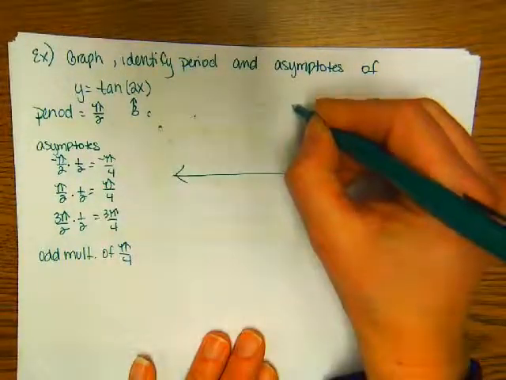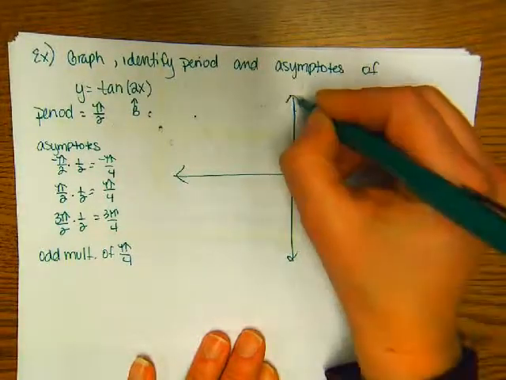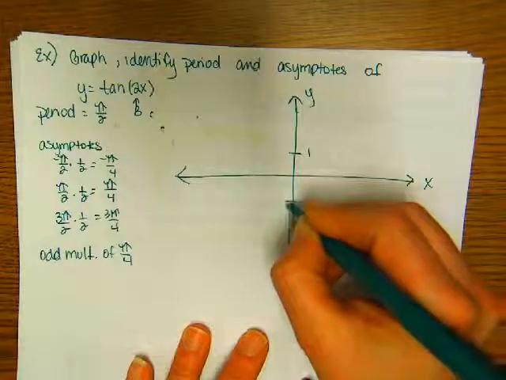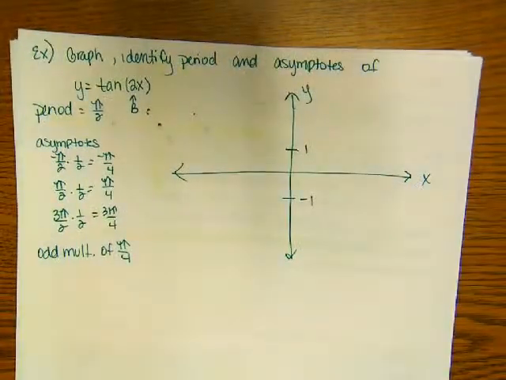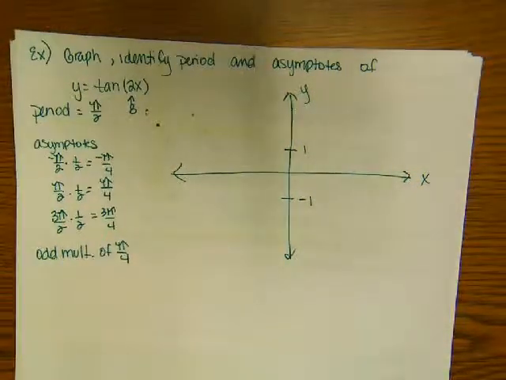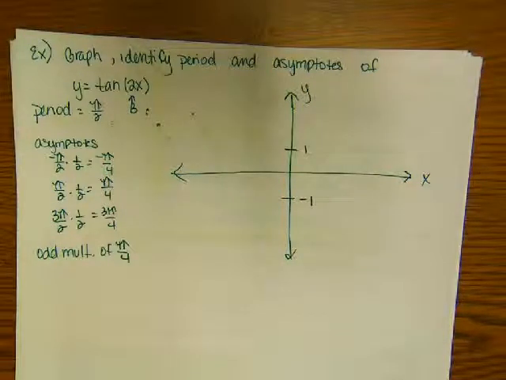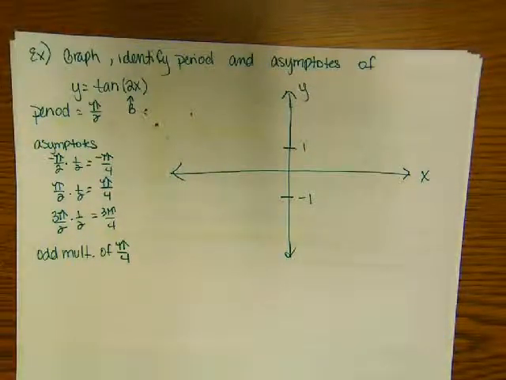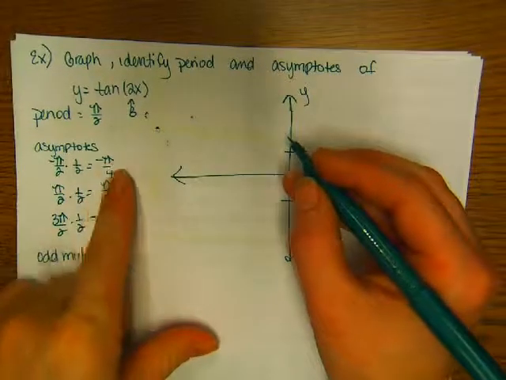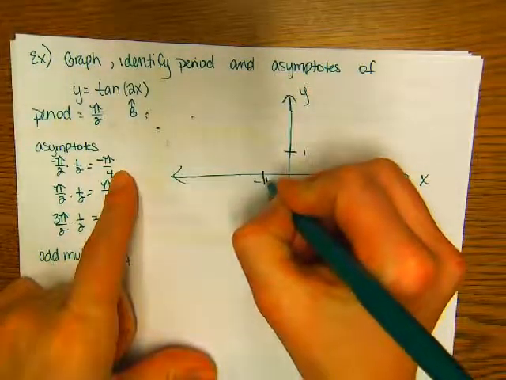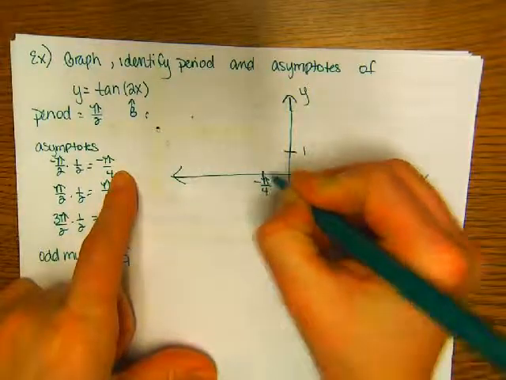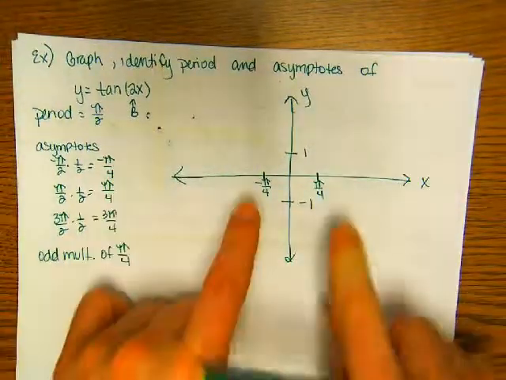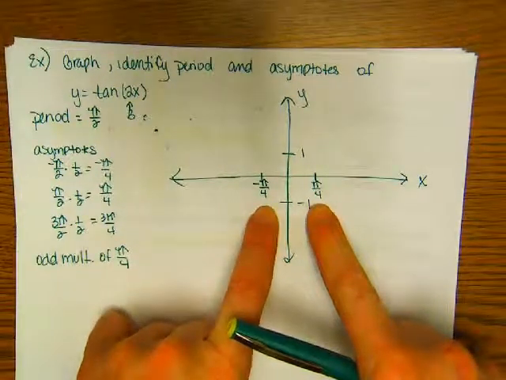So, let's sketch a picture of the graph. I am going to make 1 and -1 on here because the vertical points are not going to change. They're going to still be halfway between the x-intercept and asymptote. I am going to start by putting negative pi fourths over here, and positive pi fourths over there.